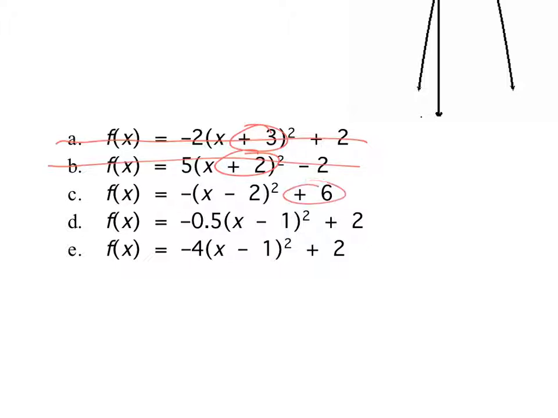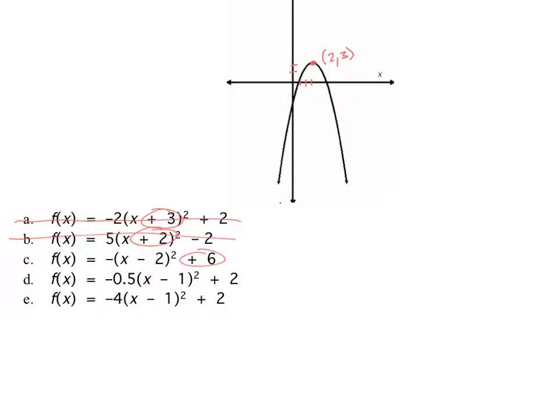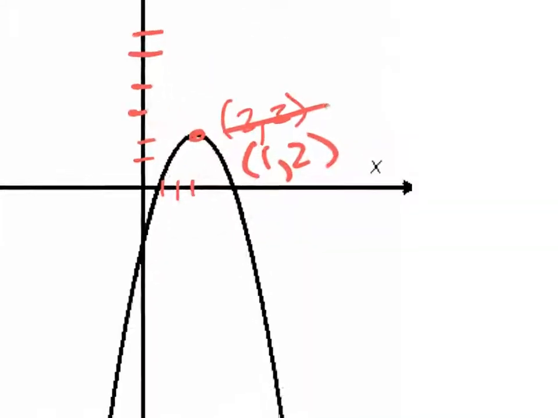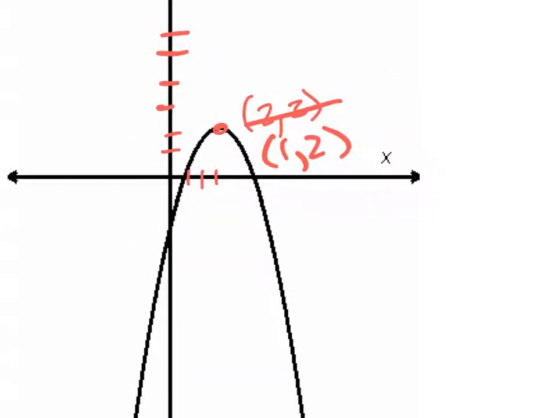One of them has a +6, and there's no way that it could be +6. That should be way up there to be +6. So I'm going to say that C doesn't make sense. That narrows it down to D and E with a coordinate of 1, 2, which again, since I didn't have any tick marks to look at, I was just guessing on these little tick marks there. It could have been 1 and 2.